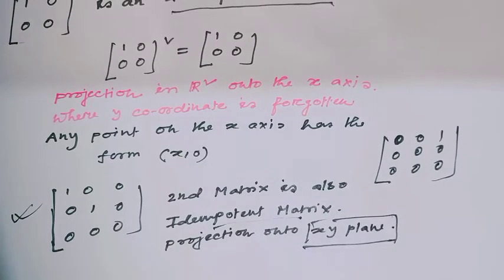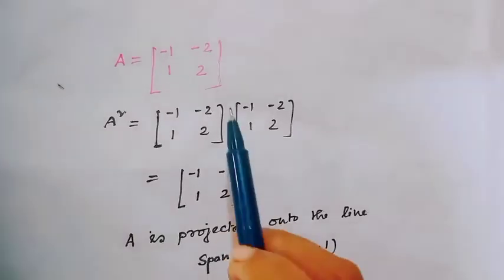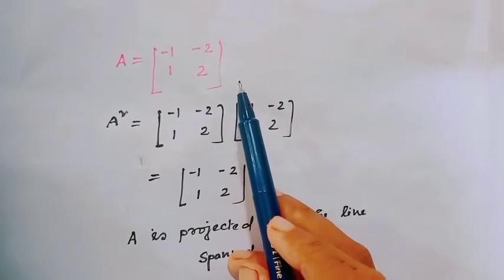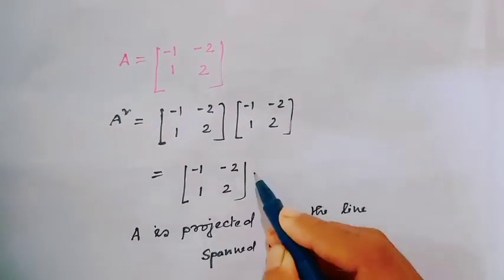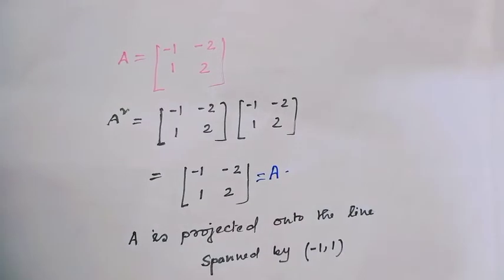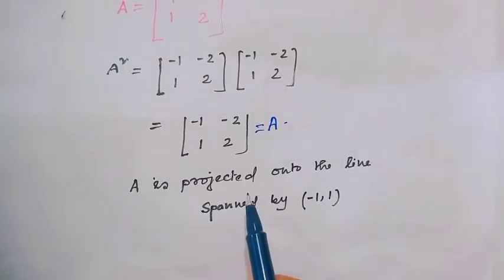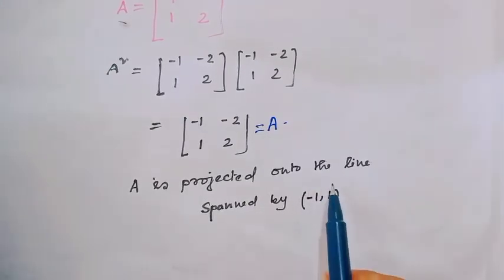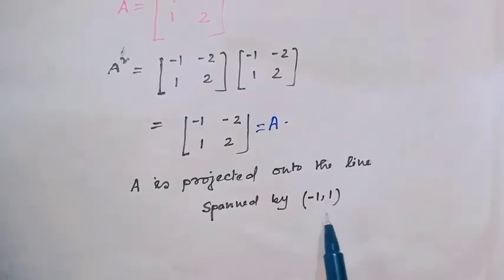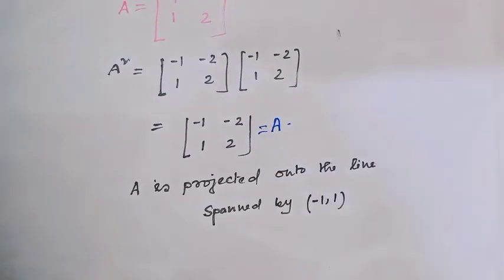And there exist other types of idempotent matrix. For example, if we consider this matrix, then obviously A square equal to A. That means the matrix A projects onto the line spanned by (-1, 1).